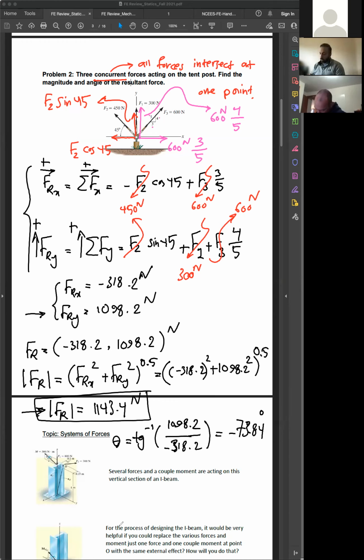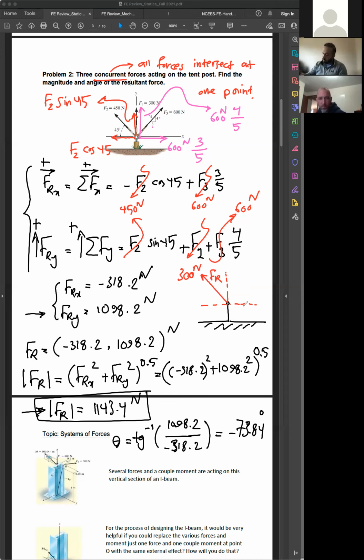So it means the angle you're dealing with would be, let me just show you. This is your FR. The way that I told you the positive is going counterclockwise from the positive x-axis direction, right?